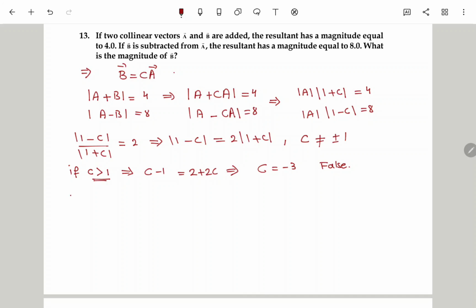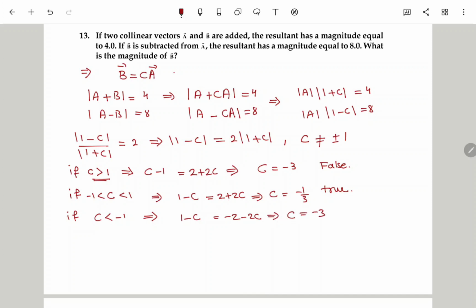And if c is between minus 1 and 1, in this case 1 minus c equals 2 plus 2c, or in other words c equals minus 1/3, and based on the condition, yes, this condition is true. And if c is less than minus 1, in this case 1 minus c equals minus 2 minus 2c, in this case c equals minus 3, and again this is a true condition.